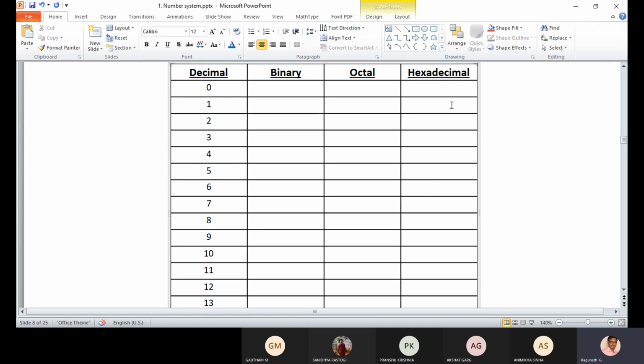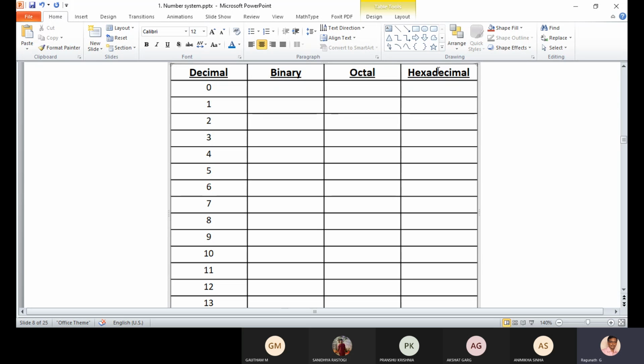The only thing is, in decimal the set has 10 different digits from 0 to 9, and the binary set has only two digits, 0 and 1. Octal has 8 different digits, 0 to 7, and hexadecimal has 0 to F, 16 digits. Actually here A B C D E F are digits, not letters.